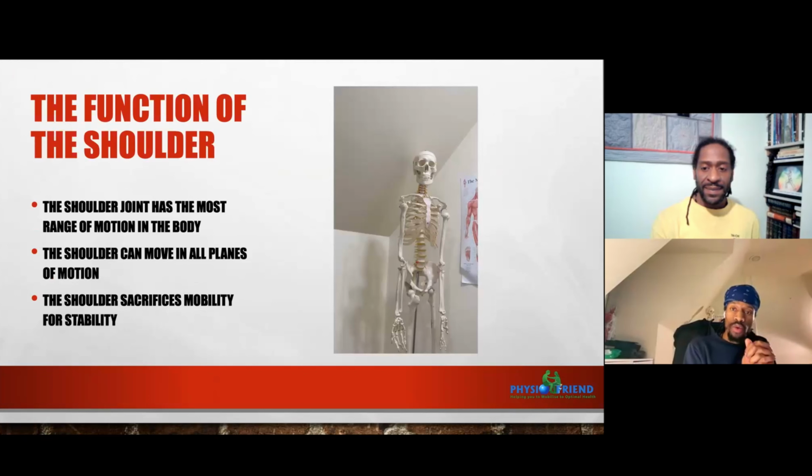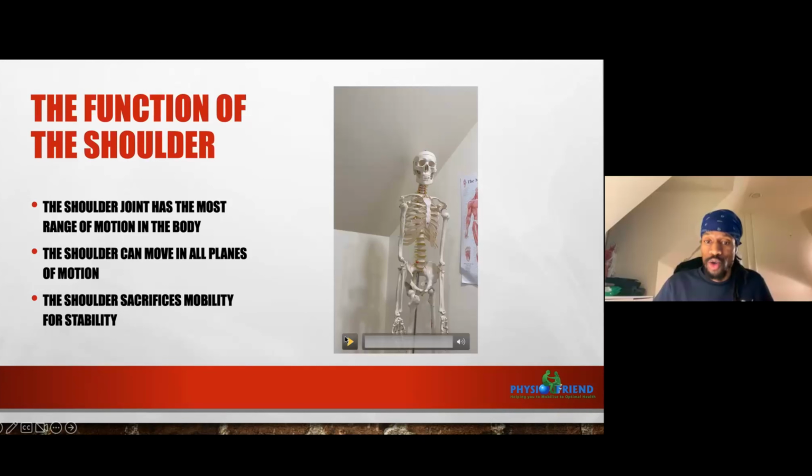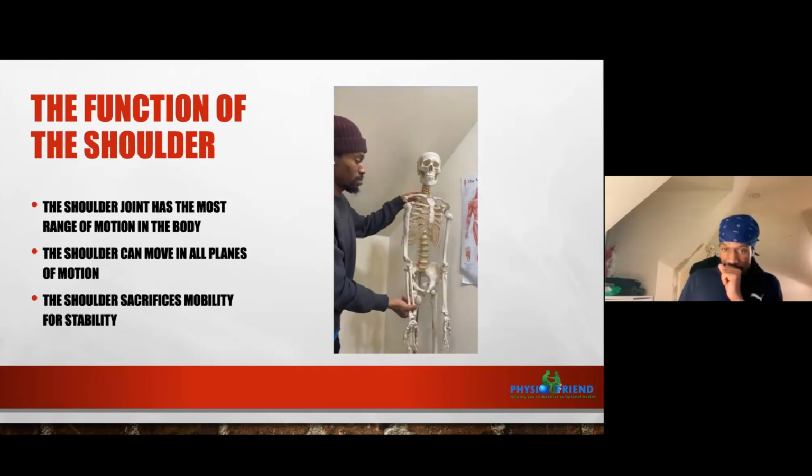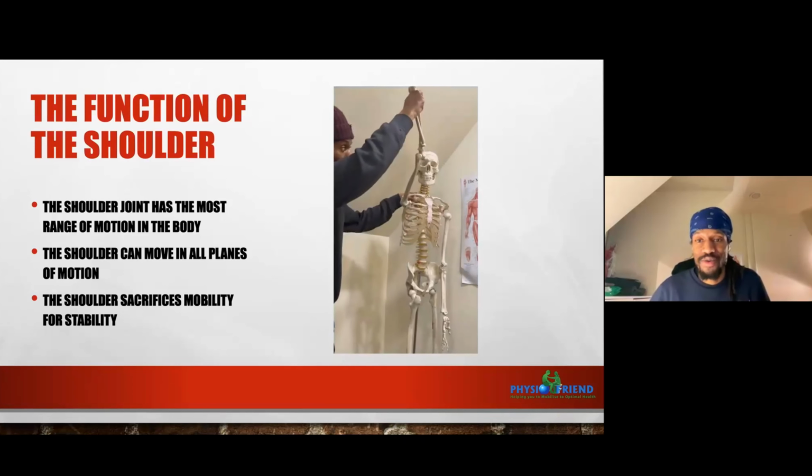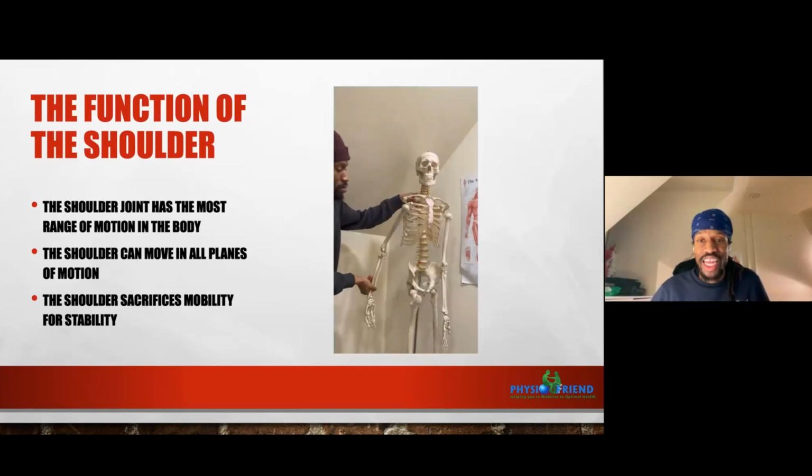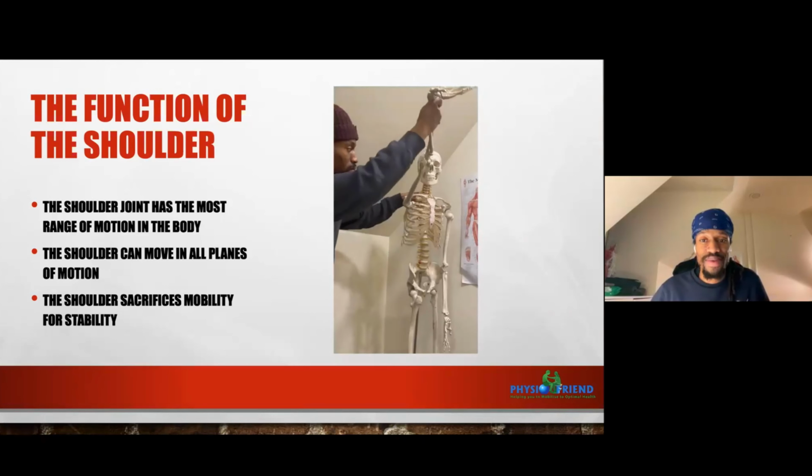So we know, based on the shoulder being a ball and socket joint, that it is a joint that really moves in all planes. So I'm going to play the video in the background, and show you how the shoulder moves and describe the movements. So we've got flexion of the shoulder, and then what we call extension.